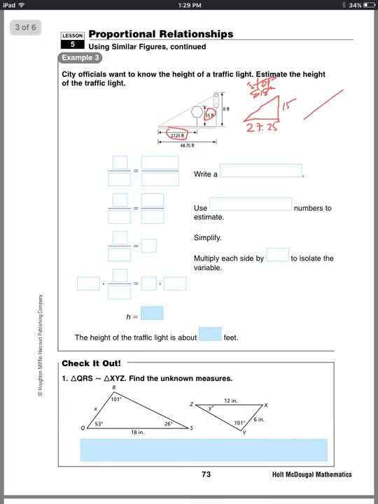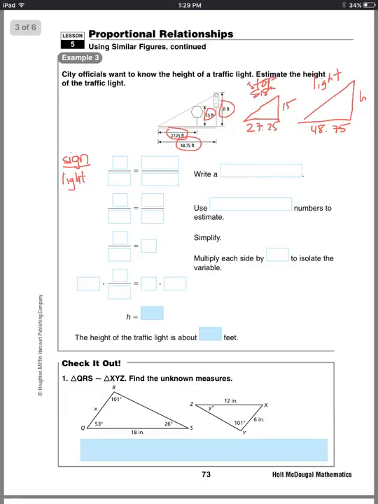And now we need the big triangle. And this is the light. And it shows us that the height, we don't know. It's just an H. But the length is 48.75. And I got that down at the bottom here. So we're going to do our sign over our light. That means our sign lengths are going up top, our light lengths are going in the bottom.